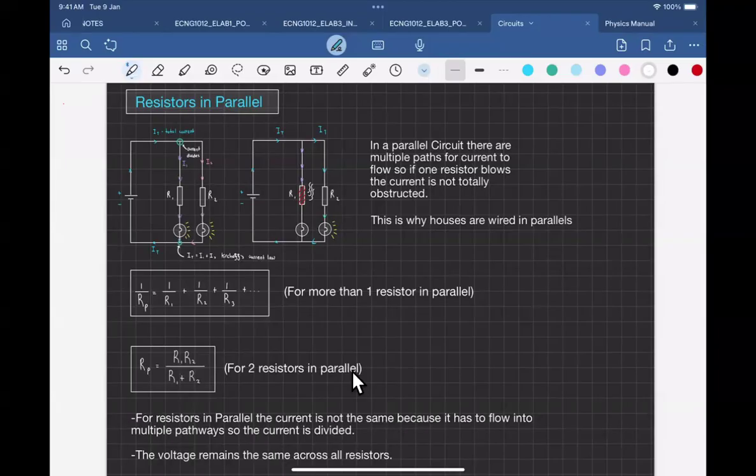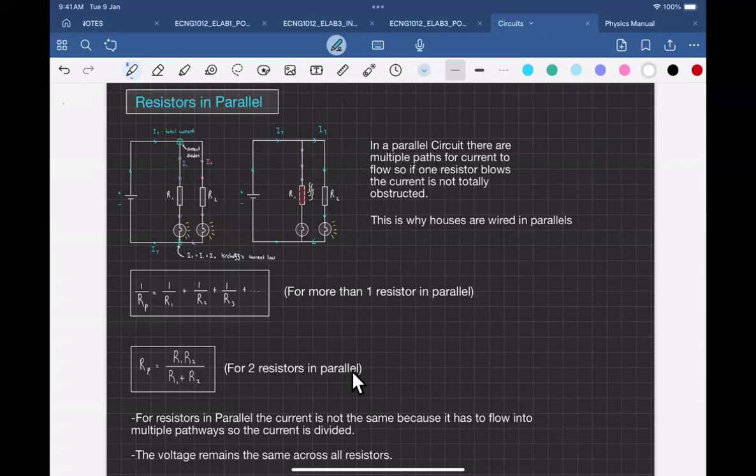Before we do anything in any question, we have to find the total resistance in the circuit, and then use the total resistance to find the total current and voltage. Once you have the current and the voltage, you can find anything you want.